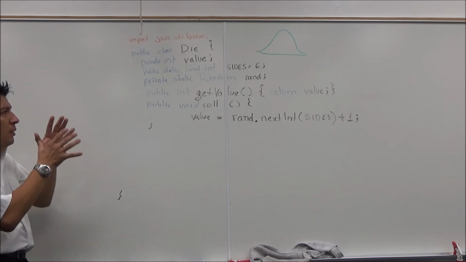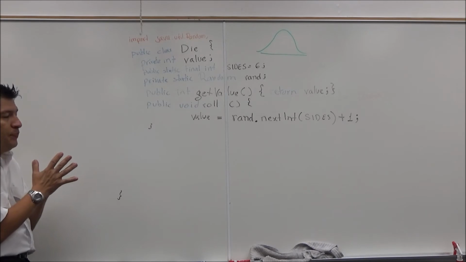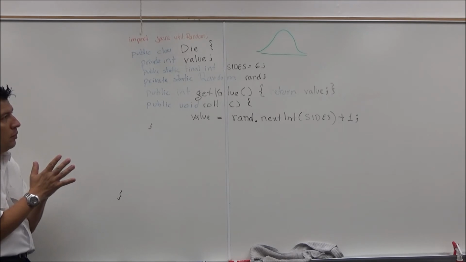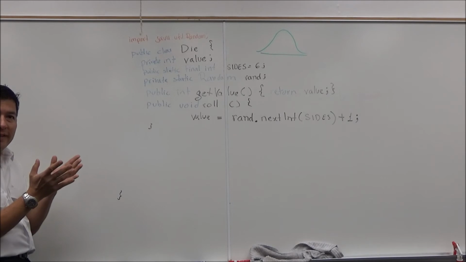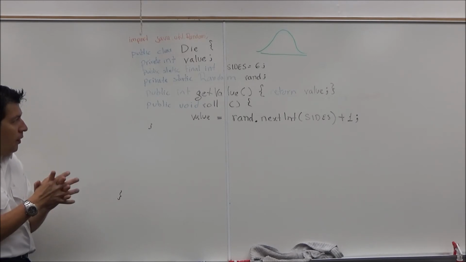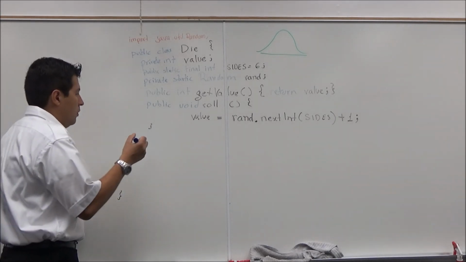So if you remember, I erased it, but when we had the constructor, a constructor is simply a method, right? That has the same name as the class. So a constructor should be public.